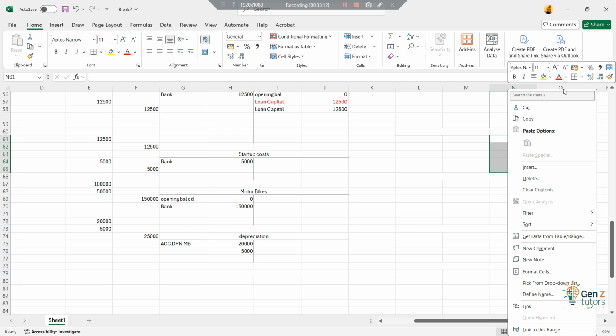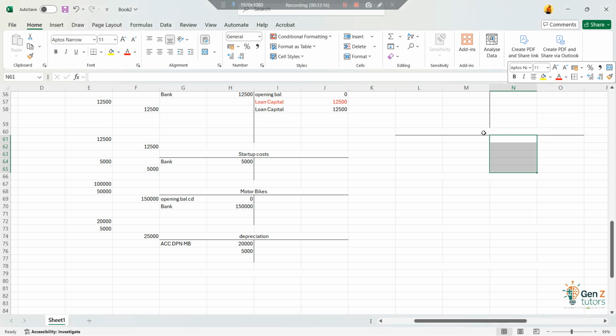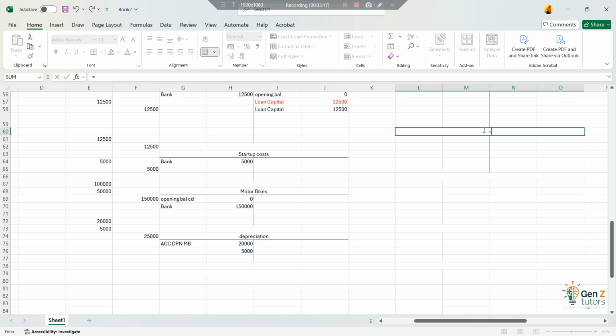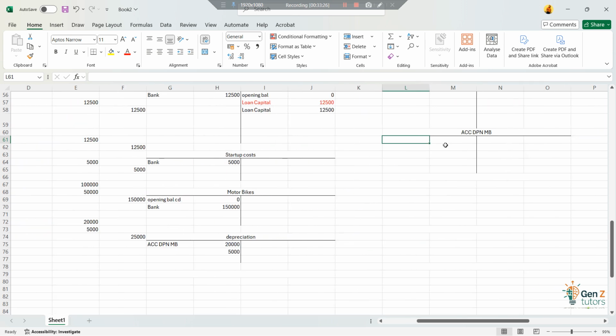And this was all due to what? We were accumulating depreciation. So we're going to credit accumulated depreciation, motorbikes, and then leave that like that.